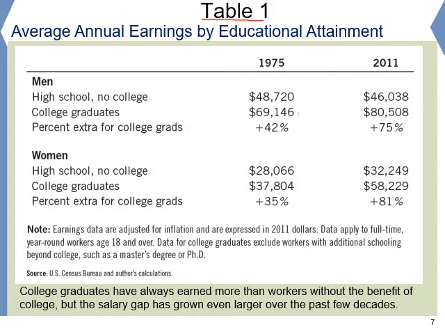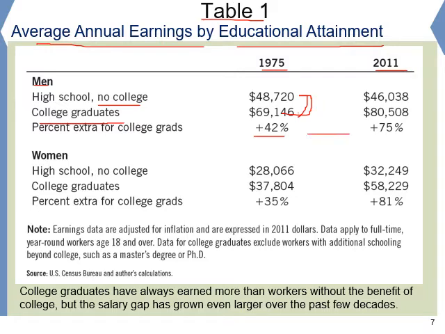Table 1 summarizes the average annual earnings by education attainment. For instance, men with a college degree earned 42% more in 1975 than men with no college degree. In 2011, this gap increased to 75%.